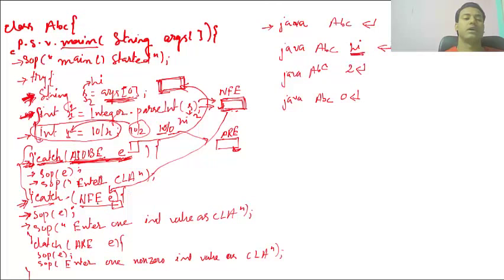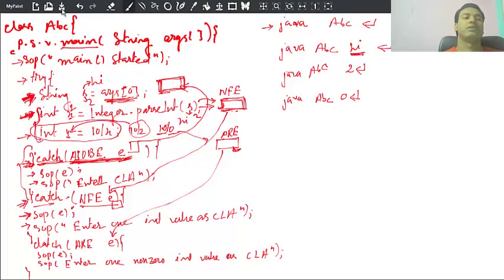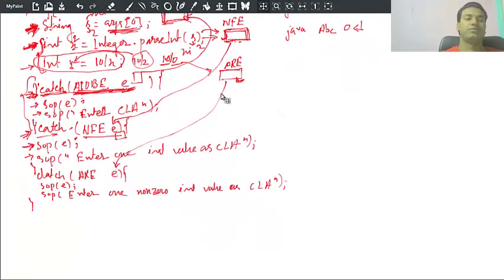So this is the catch block. Now this catch block is able to handle that exception, so this is going to be handled, and the remaining statements are going to execute continuously, right?